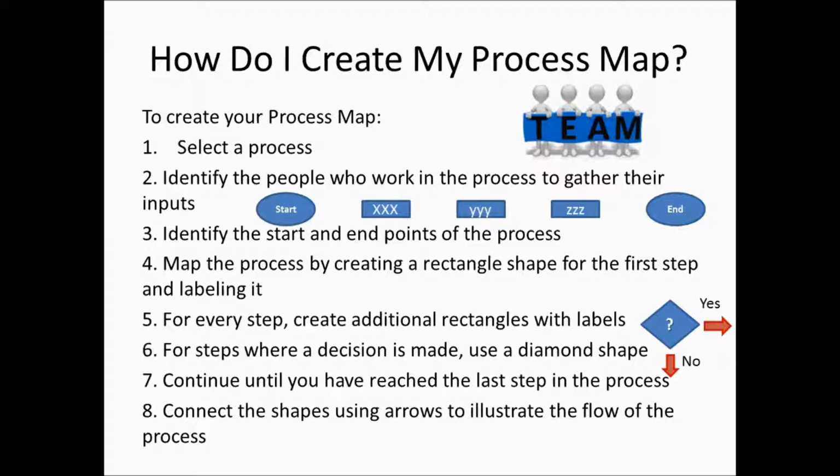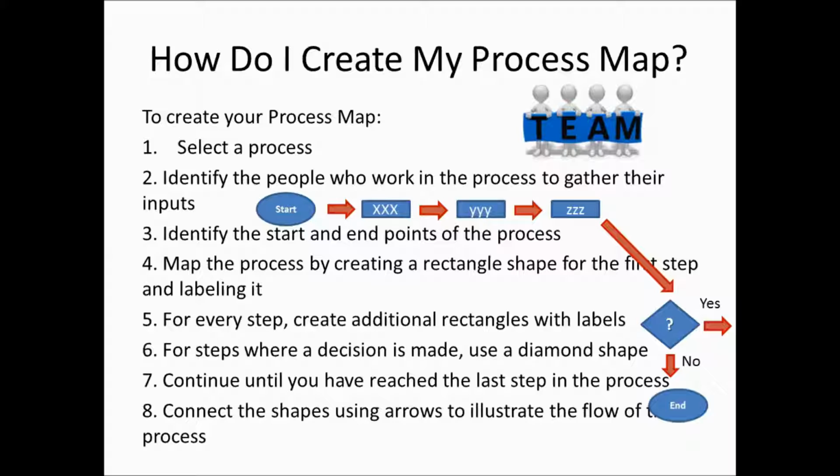And then put down arrows between the different steps to show the direction of each step from the start to end. This is the way to create the process map.